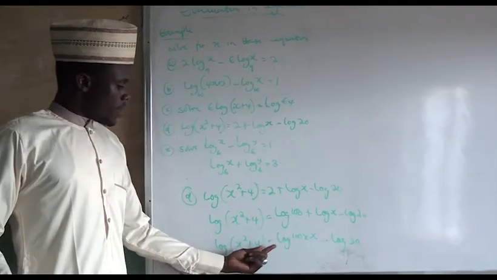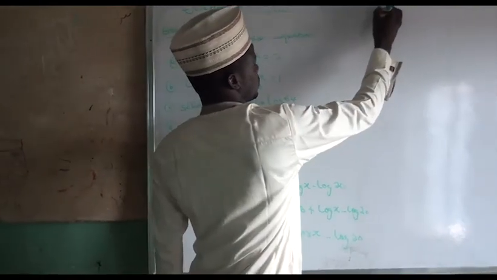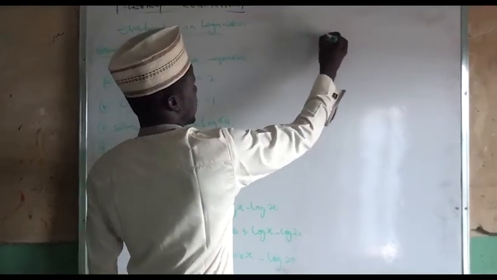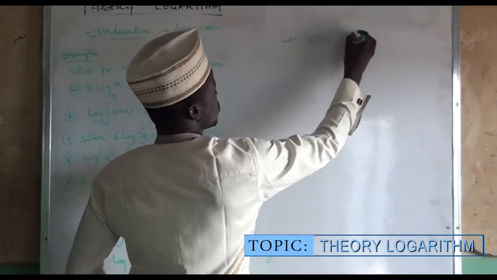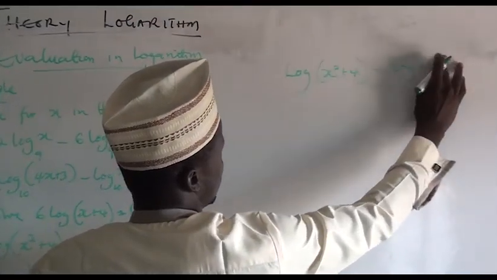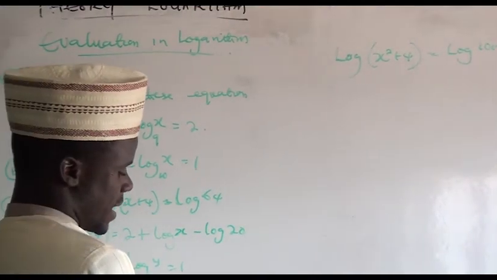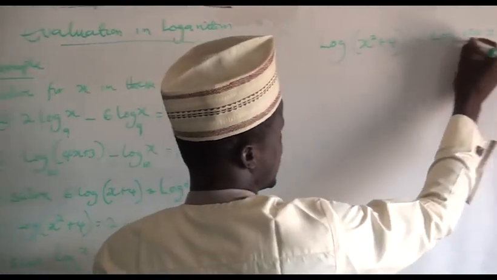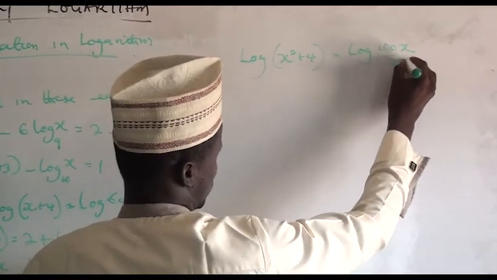So here we say log of x squared plus 4 is equal to log 100x, because 100 times x is 100x, then here is minus, so we divide by 20.